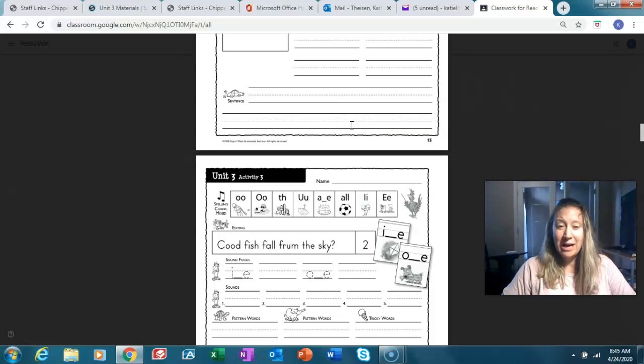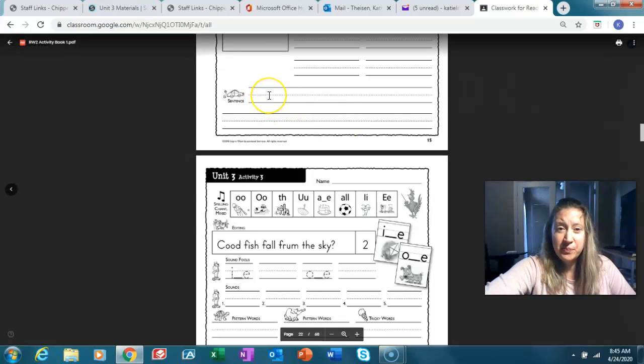I want you to go back and proofread your sentence, looking to see if you can make any changes. What do we check for when we're editing? We check for a capital at the beginning, we check the spelling of each word, and we check for punctuation at the end. So go ahead and check those things. And I will go ahead and spell that for you.